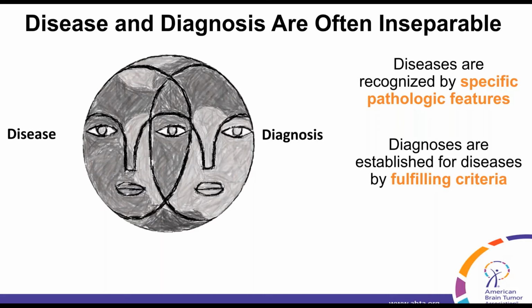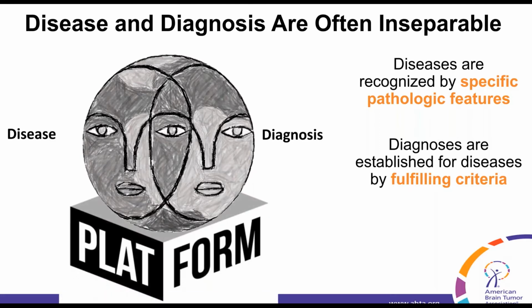They look malignant, and there's necrosis and microvascular hyperplasia. Diagnoses are established for a disease by fulfilling criteria. In the traditional sense, that is adding up criteria that we recognize under the microscope for making a diagnosis and therefore defining a disease. Now, disease and diagnosis rely on platforms.